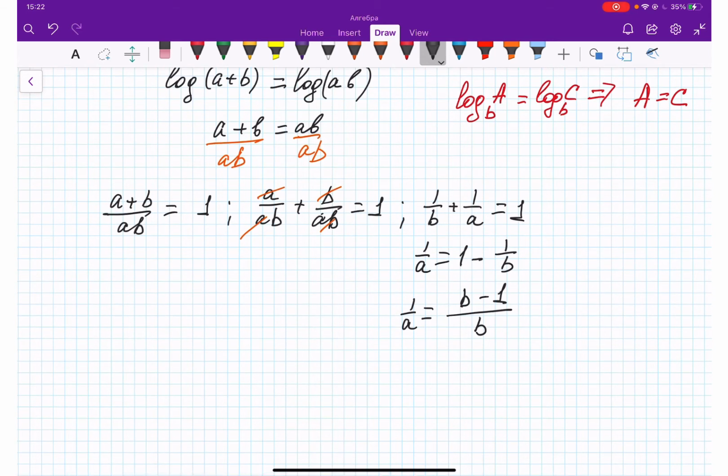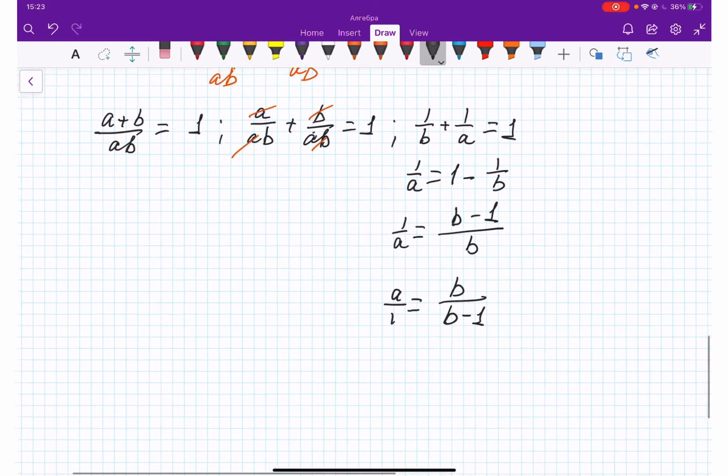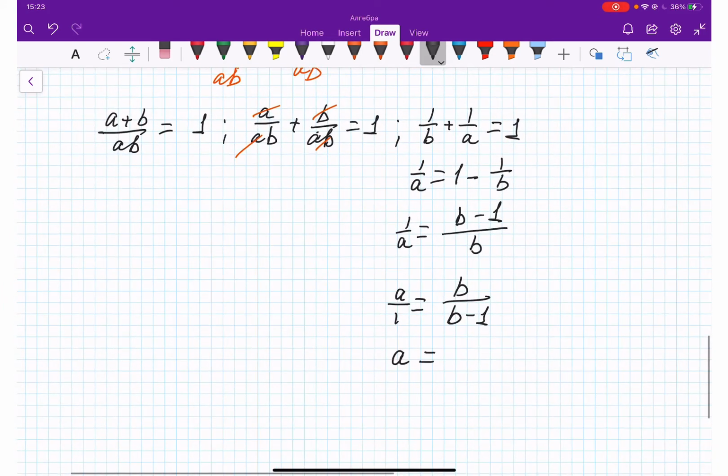And from here, if 1 over a is equal to b minus 1 over b, then if I flip it, a over 1 is going to be equal to b over b minus 1. And here we have the result. We expressed a through b. A is equal to b over b minus 1.